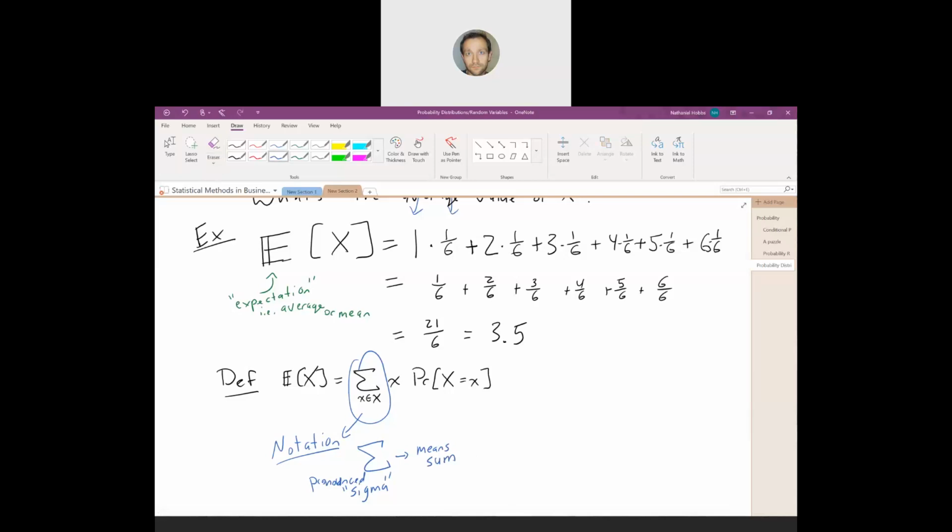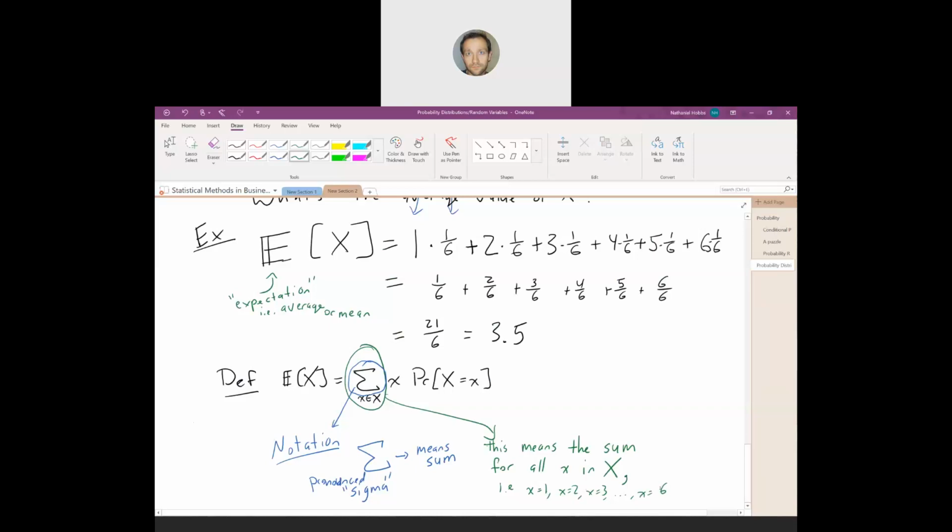Taken together, this means the sum for all little x in big X, i.e. x equals 1, sorry, x equals 2, x equals 3, all the way up to x equals 6.